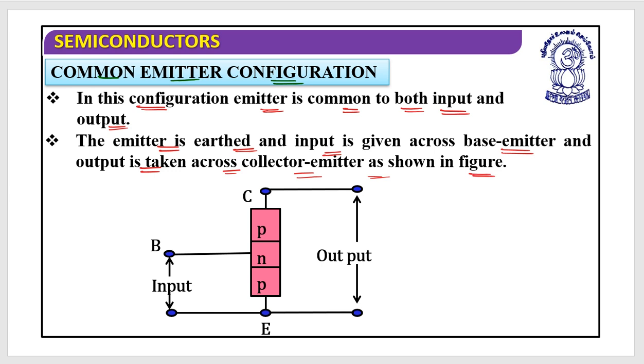This is the PNP configuration, and here the base is here, the emitter is here, and the collector is here. As you can see, the emitter is on both sides, on the input as well as on the output. That's why this is known as the common emitter configuration.